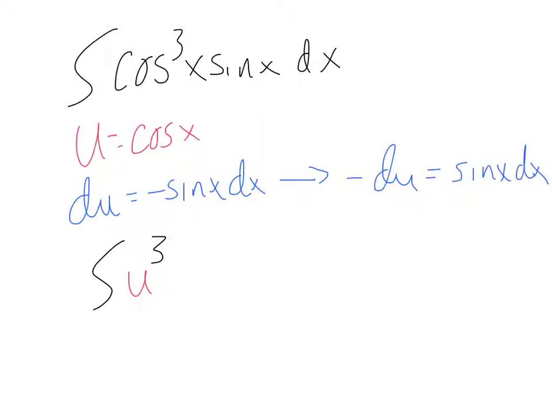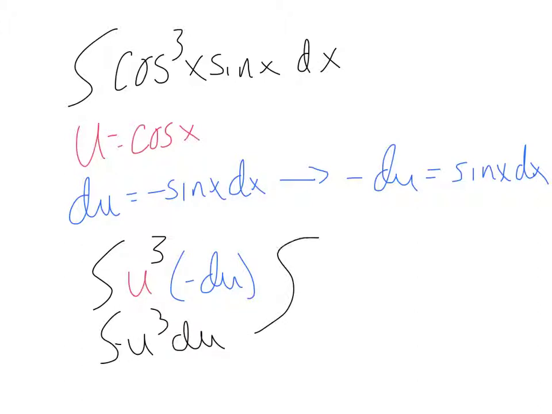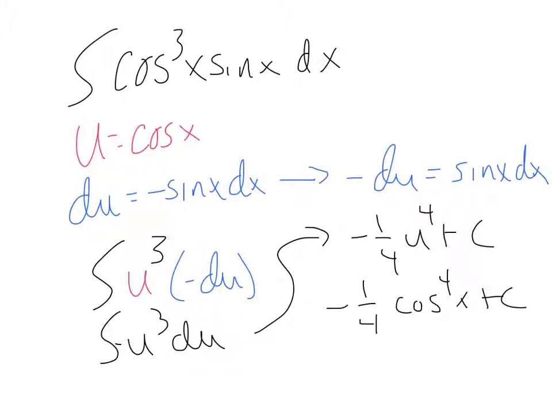So then I would replace the sine x dx with a negative du. If we simplify this, we would get negative u cubed du. Then we integrate that, we would get negative 1/4 u to the 4th plus c. Then substitute back in our value of u, we get negative 1/4 cosine to the 4th x plus c as our final answer.